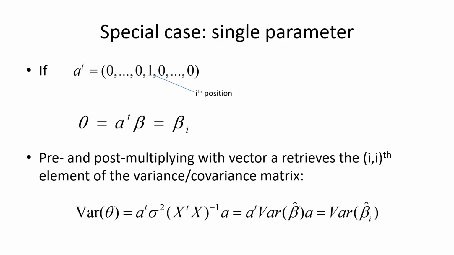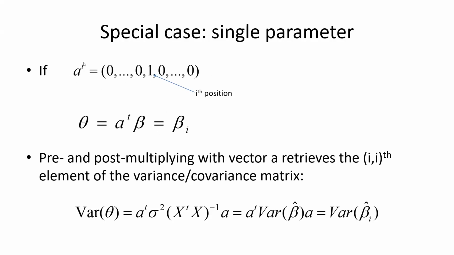So let's look at this special case, a single parameter, just to fix ideas and make sure that this makes sense to us. So if I just want to make inference about beta 1 or beta 2 or beta whatever, at the ith position, then the vector is 0, except it has an indicator 1 at the ith position.